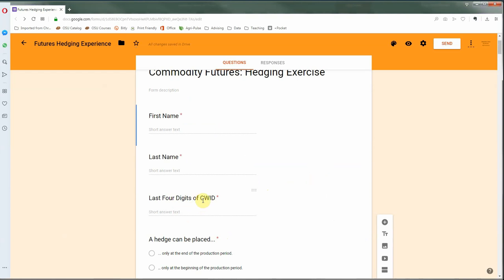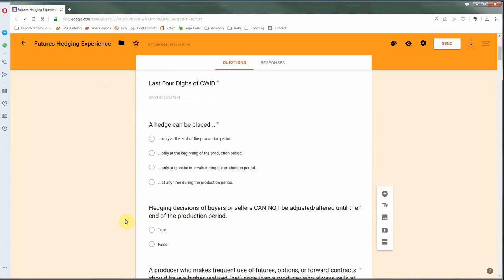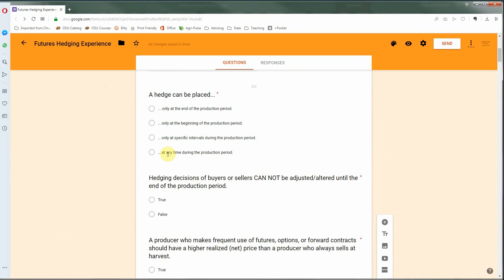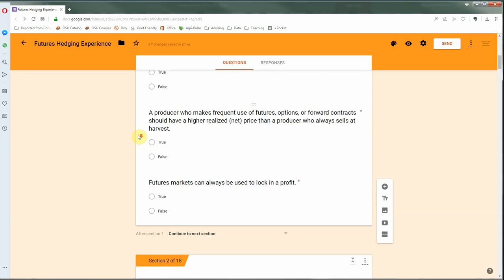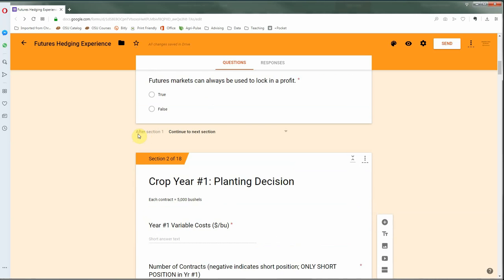Here at Oklahoma State, we call it a CWID, a campus-wide identification number. Then they provide me some responses to a few pre-game questions. This is just so I can provide some analytics as to how well the game performed in terms of knowledge gained, and the outcomes of that are shared in the article. So I asked them some questions, they fill those out, and then they continue.